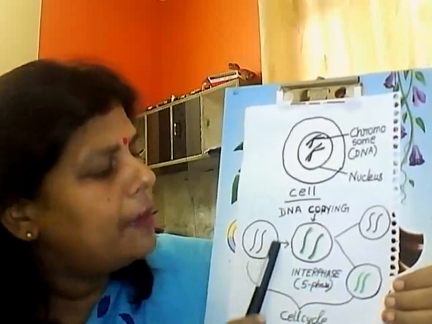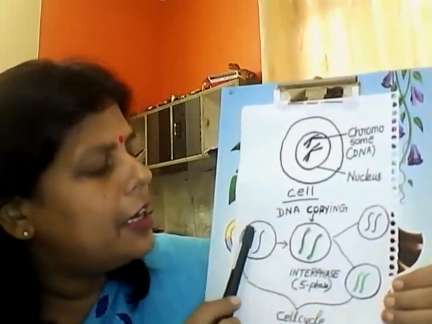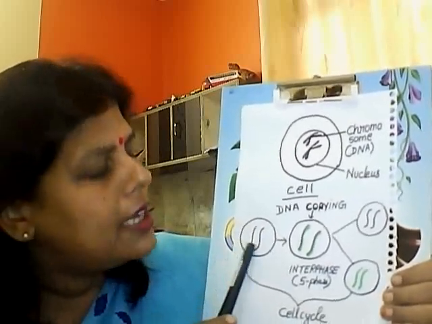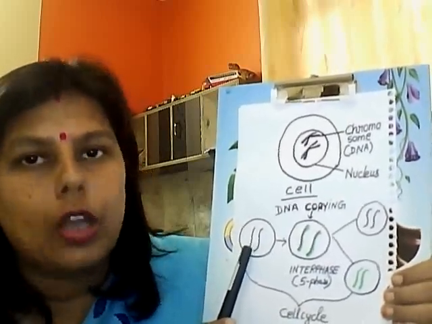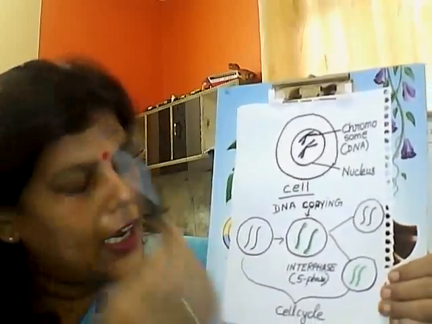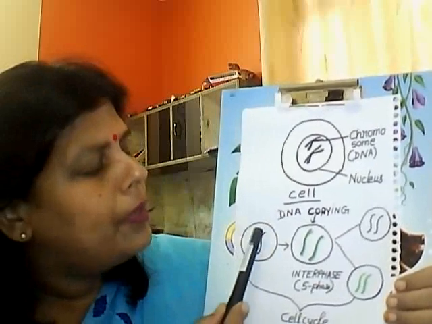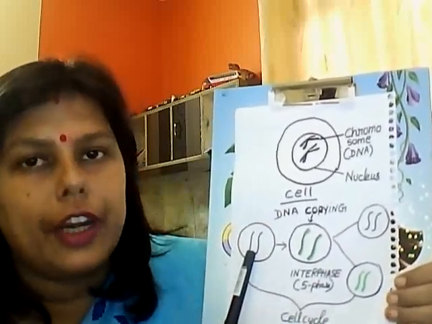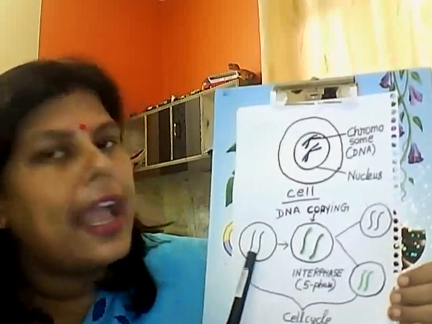Now you just see this first circle, and here two thread-like structures I have drawn. These are actually the chromosome or the hereditary material or the DNA. The number of chromosomes will differ in different individuals, but here I have drawn two.